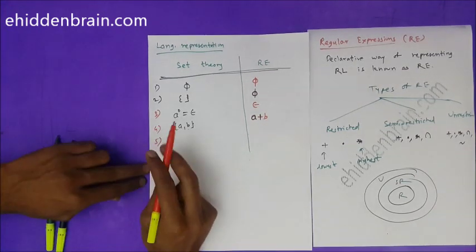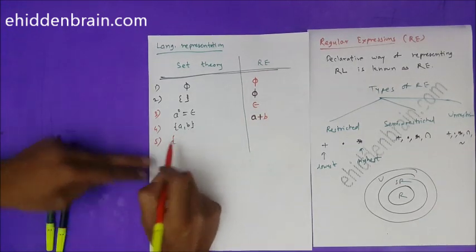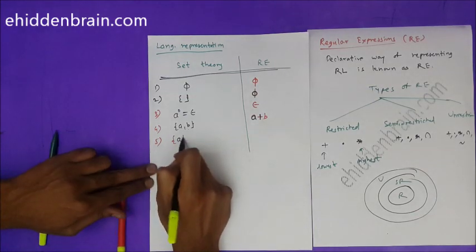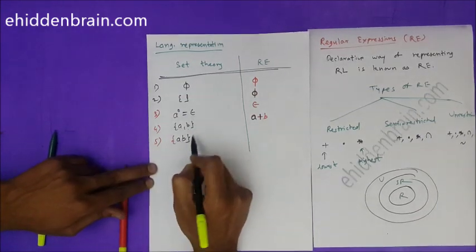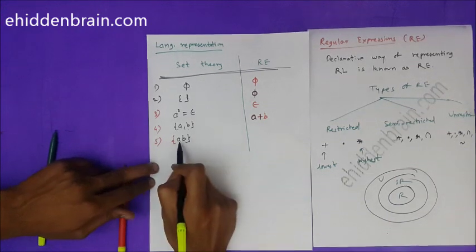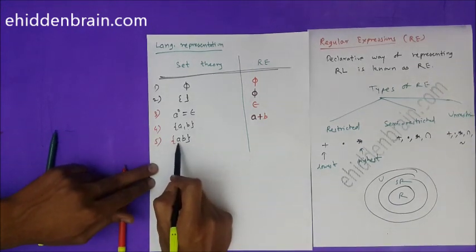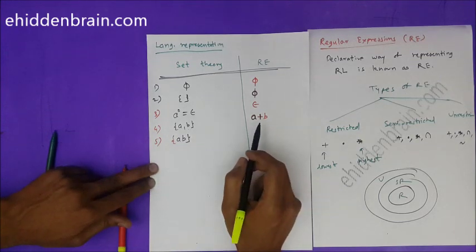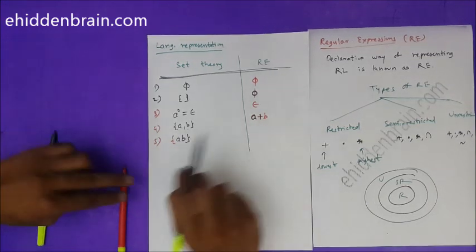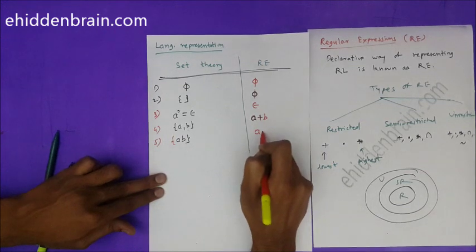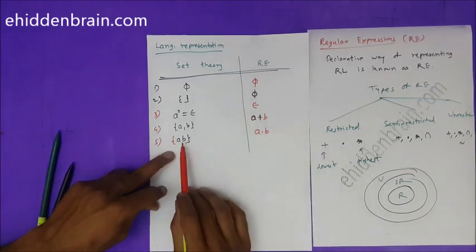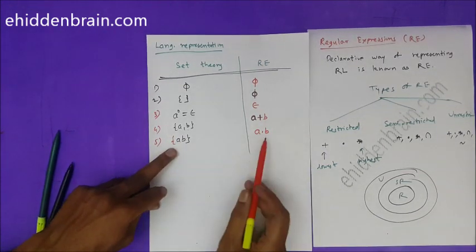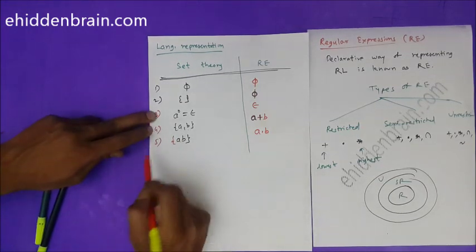Now the fifth one is, let's say it accepts AB. It accepts only AB. So I can say that this is a singleton set because only one string is accepted, that too starts with A, ends with B, and is a 2 length string. How to accept in regular expression? That will be accepted in regular expression as A dot B, right? Just the dot is not visible in set theory, but the dot will be visible in regular expression.